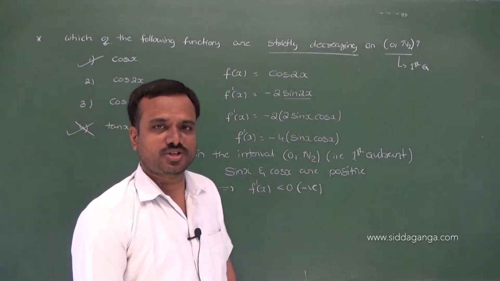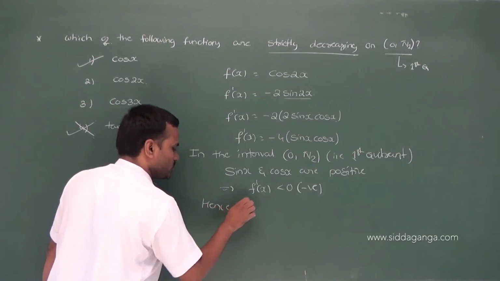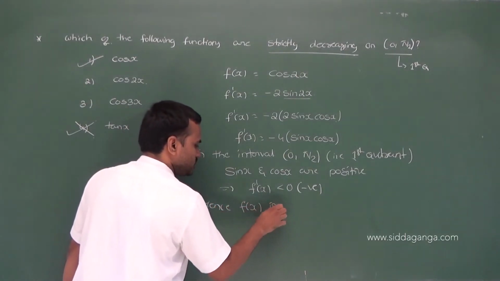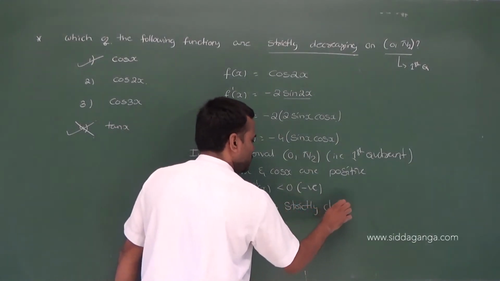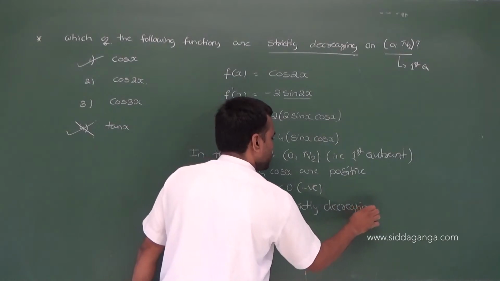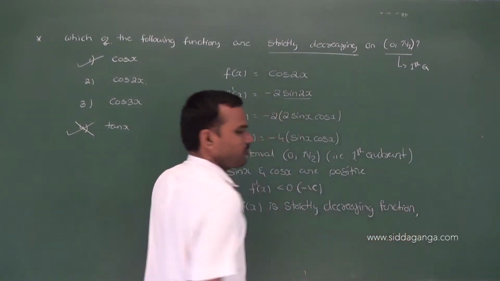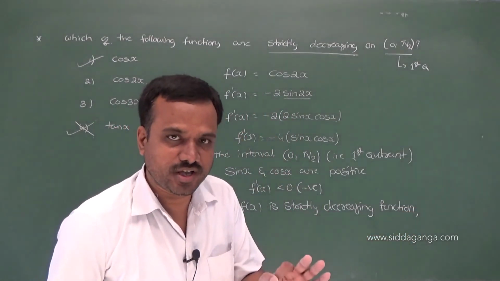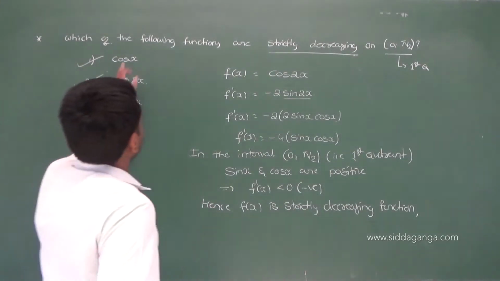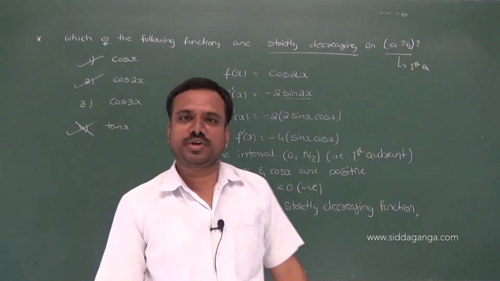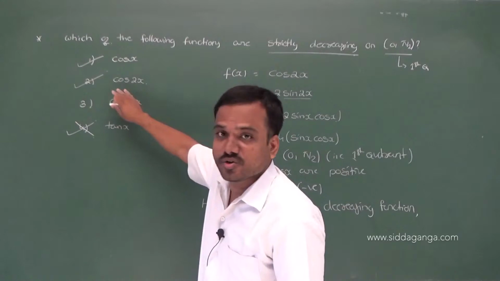Hence, f of x is a strictly decreasing function. So cos 2x is also strictly decreasing on 0 to pi by 2.